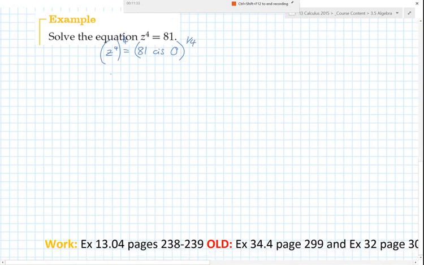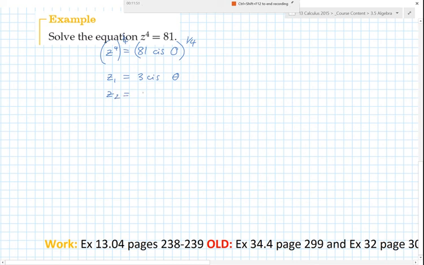So our first solution, Z1, is going to be 3 cis 0, and our solutions are going to be spread evenly about the Argand diagram, so in intervals of 90 degrees, because we're dividing by 4, because we've got 4 solutions.